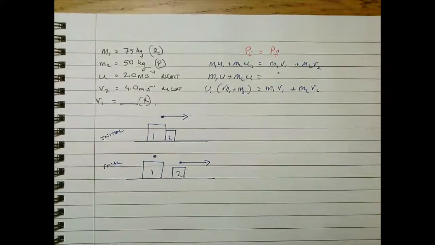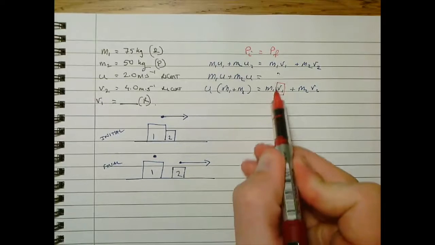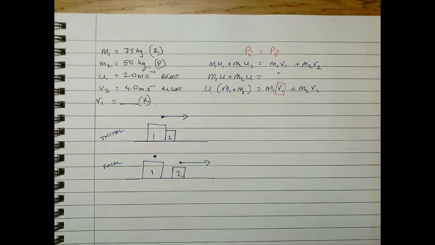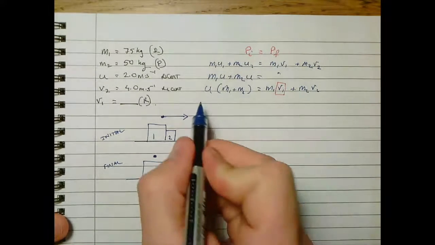So we have our equation. We have all of these variables except for one very important one that we would like to find, and that is what we're solving for. We want to find the magnitude and direction of velocity 1, which is Renfrew's velocity. So just substituting all our known values now.